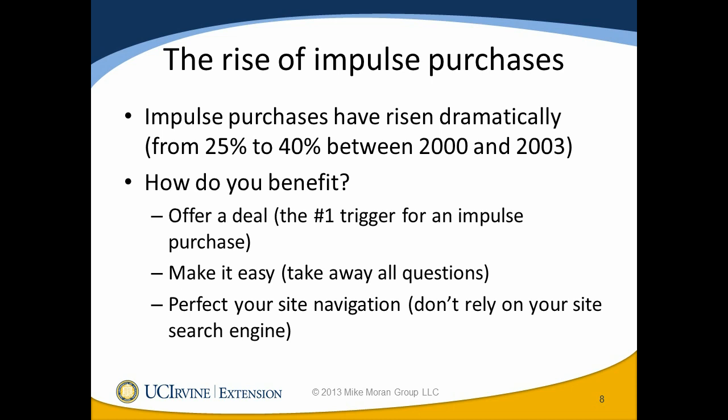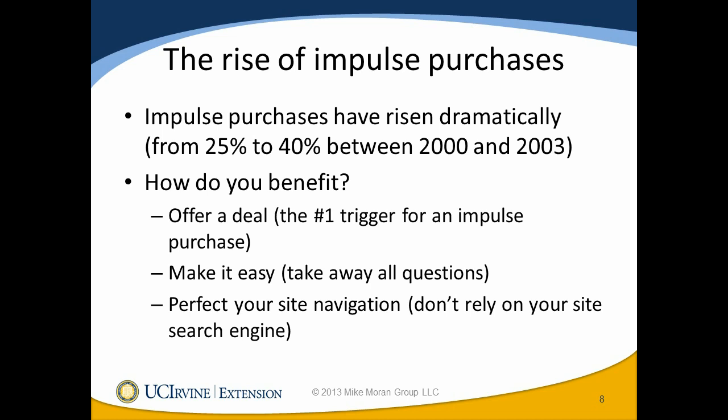Online, many more purchases are impulse purchases because you don't have to get off the couch. You don't have to get in the car. You don't have to drive to the store. And so the time between when you think I want that and when you could actually buy it is far reduced, and it allows you to act on impulse far more frequently.